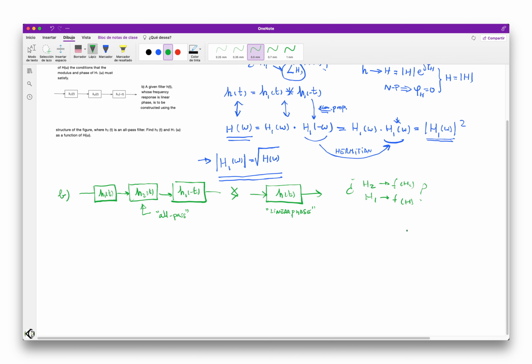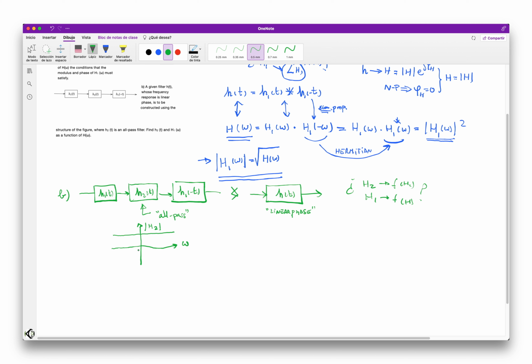Okay. Well, first of all, let's define what all pass and linear phase mean. An all pass system is a system that passes everything without any change at all. So if you write, for example, as a function of the frequency, the modulus of h2, all pass means that its frequency response is completely flat, and it doesn't change anything at all.